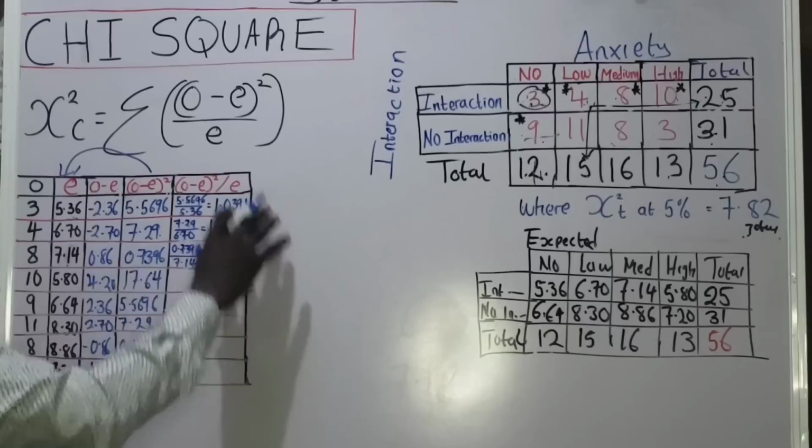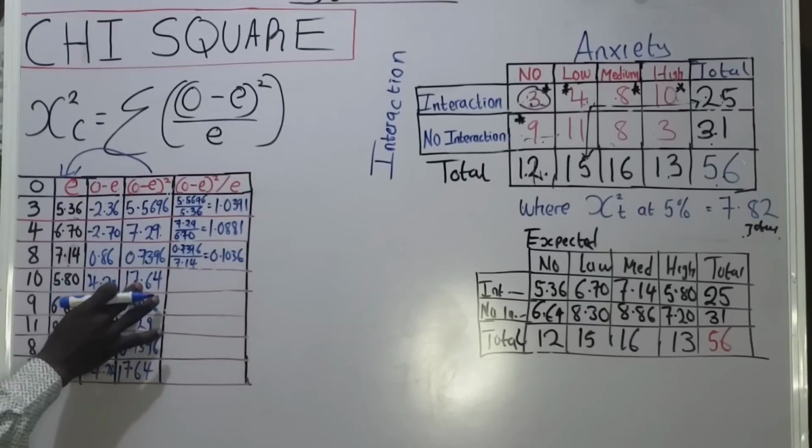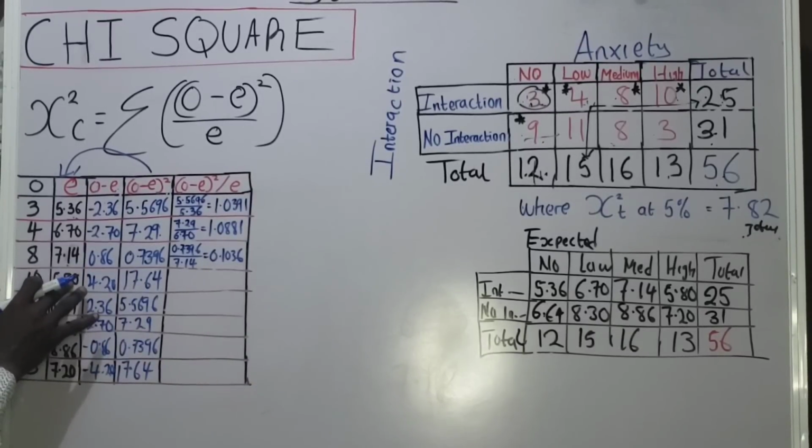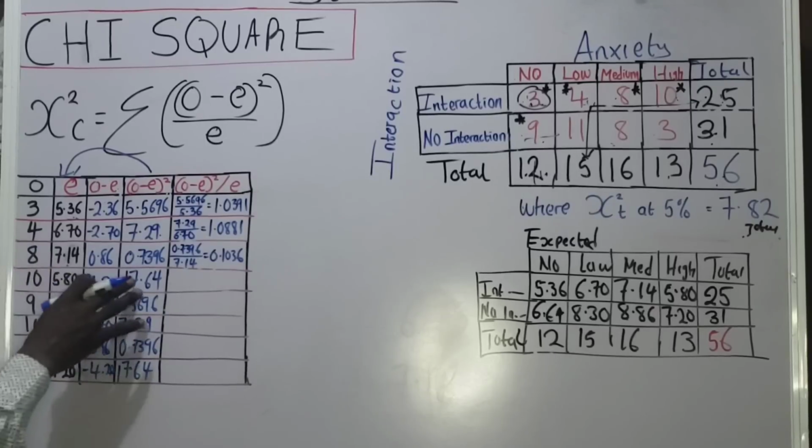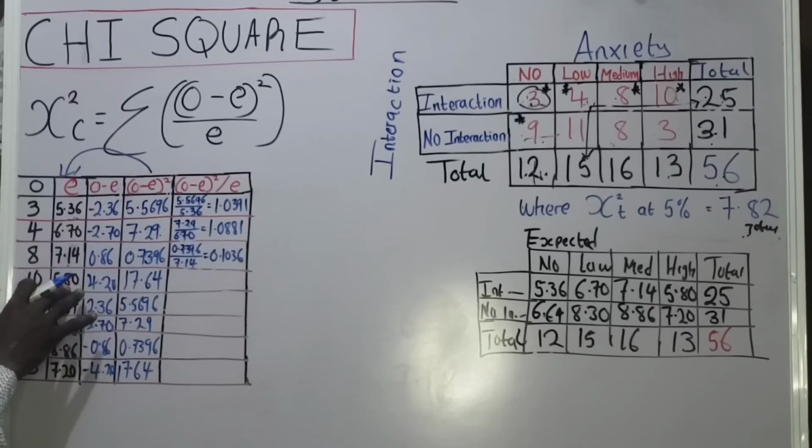If you do the same, the 17.64 divided by 5.80, that will give us 3.0414.